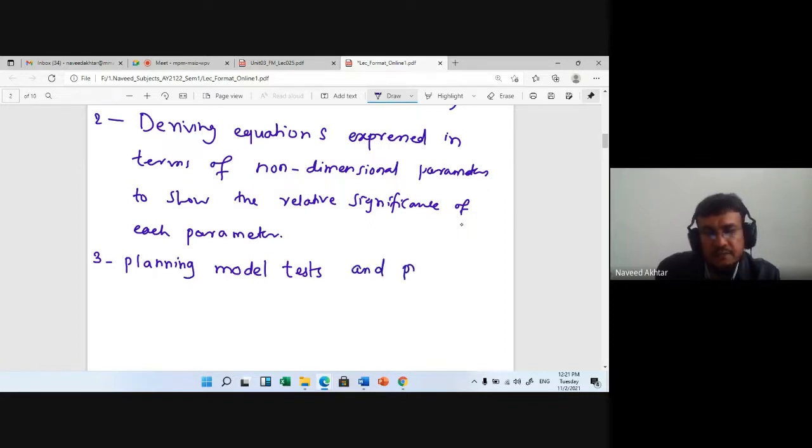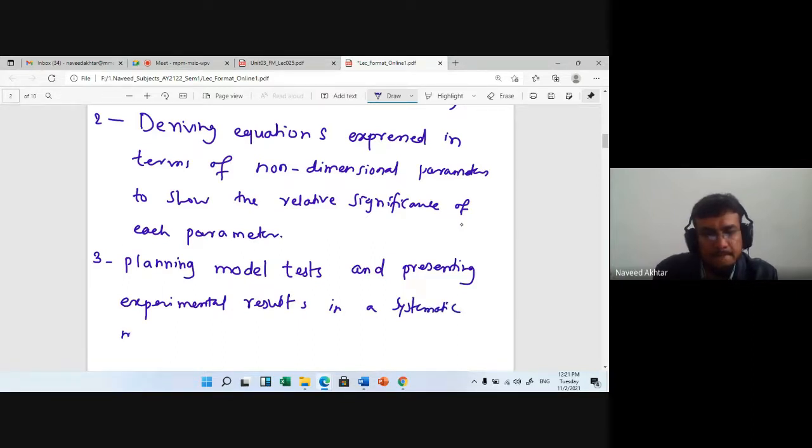And experimental results can be compared with your theoretical results in a systematic manner. So this is again the use of your dimensional analysis.